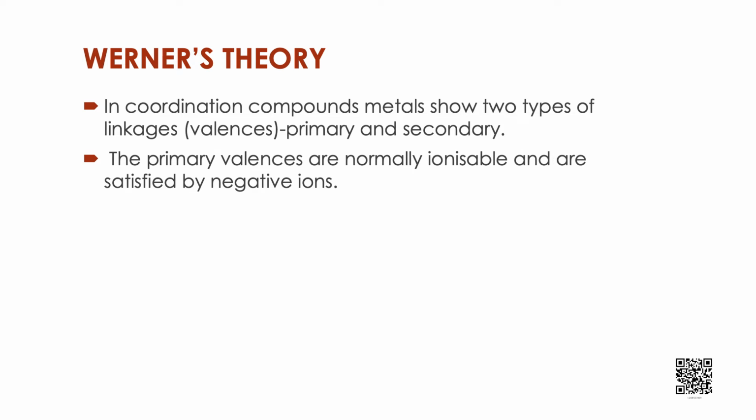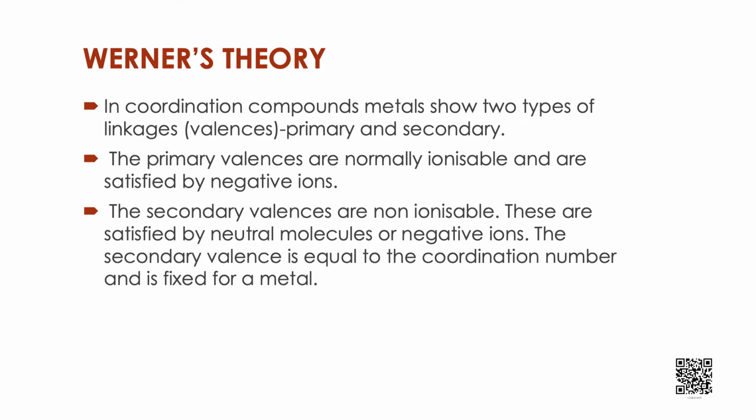The primary valencies are normally ionizable and are satisfied by negative ions. Thirdly, the secondary valencies are non-ionizable. These are satisfied by neutral molecules or negative ions. The secondary valency is equal to the coordination number and is fixed for a metal.